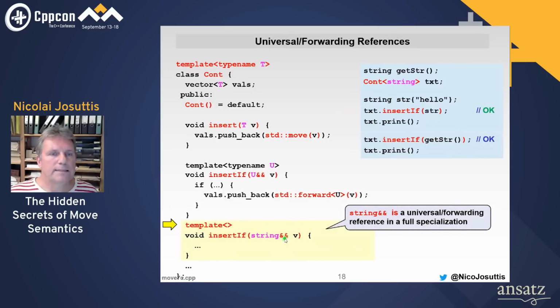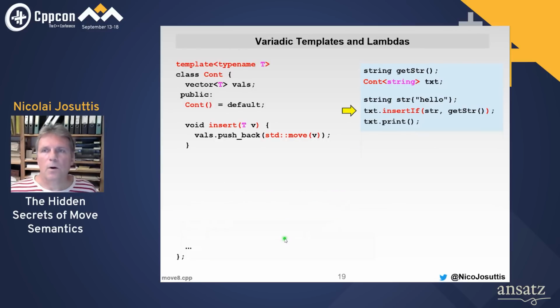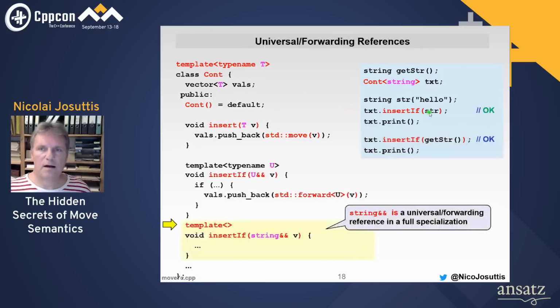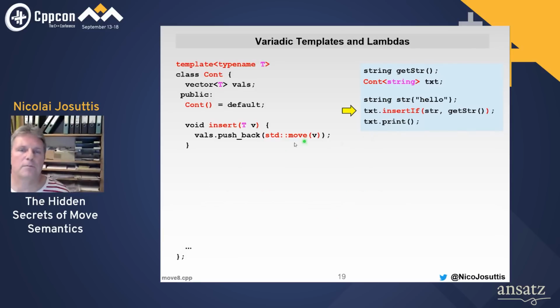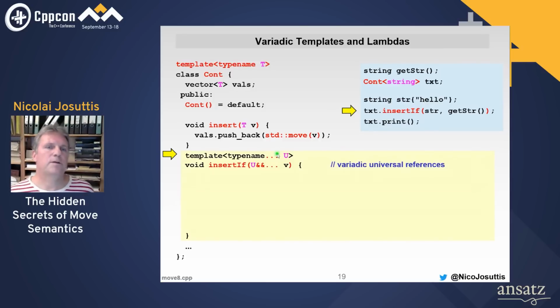Okay, so we can use this feature, universal references, for something like insert_if, where we say now, let's pass multiple arguments. So instead of passing one argument, let's pass multiple arguments. And that will be that we use variadic templates.